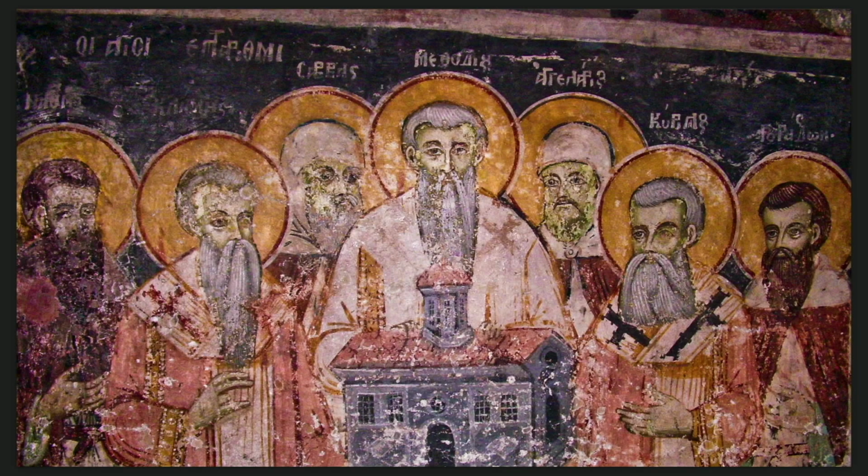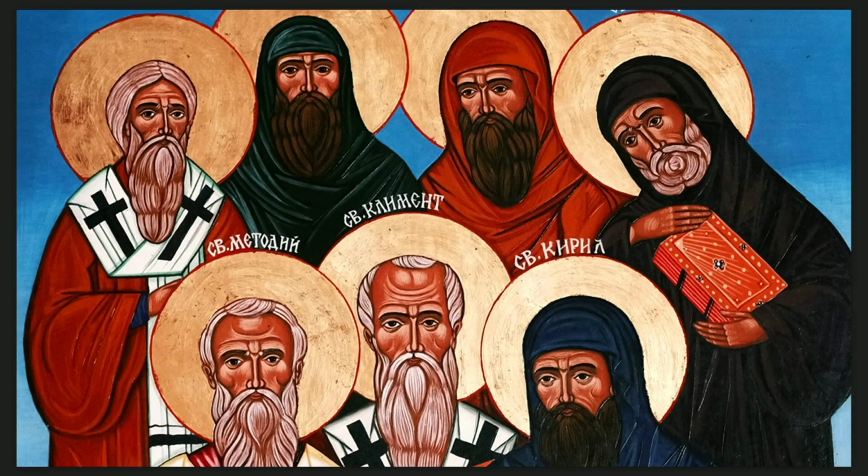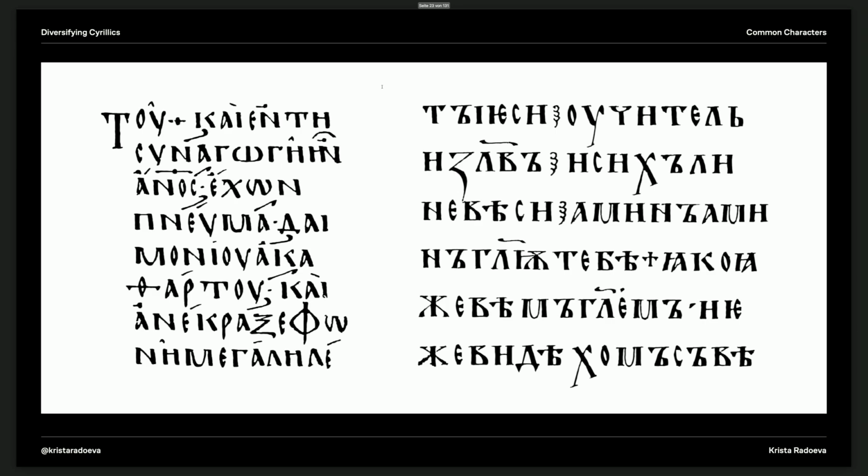These people, called the 7 monks, 7 students of Cyril and Methodius, supposedly invented Cyrillic. This Cyrillic was a new script.